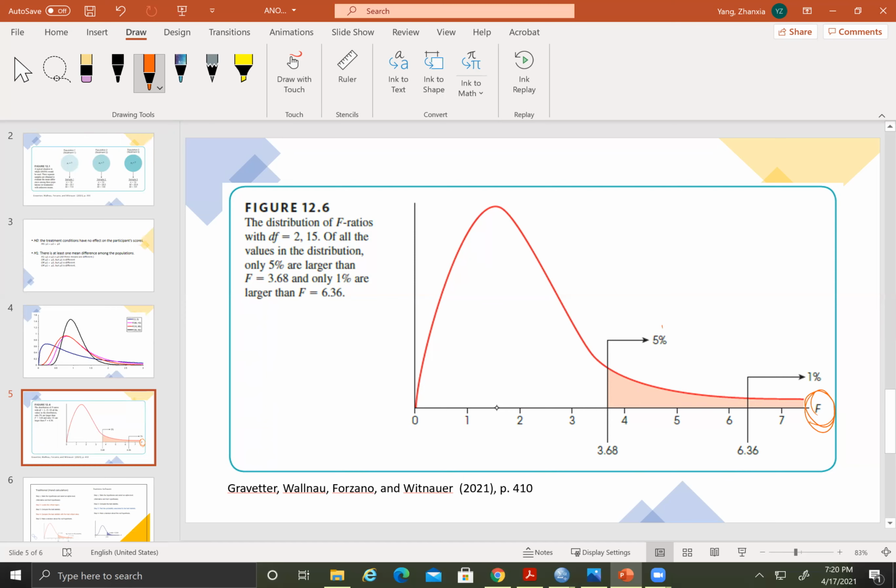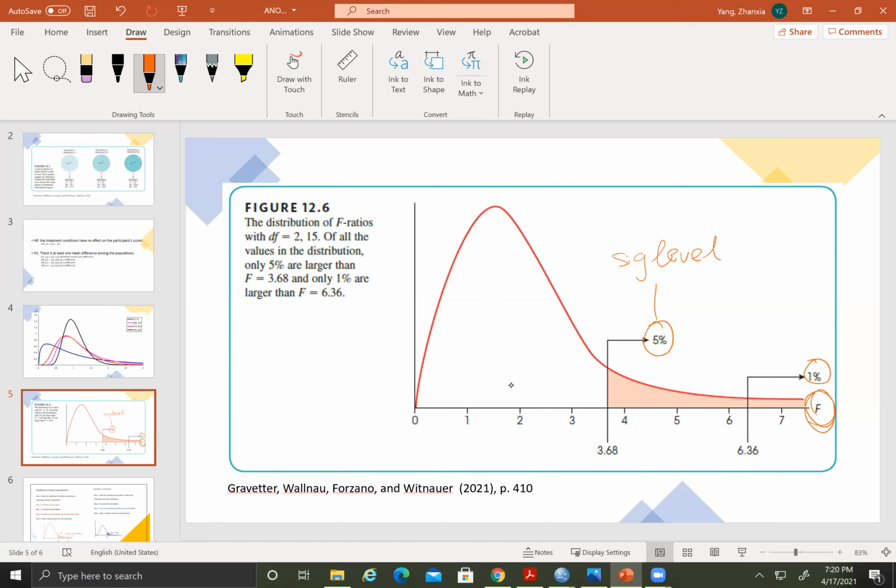So what we do here is, you see that here's the 5%, 1%. These are the typical alpha values, or the significance level. I'm also including them in the next slide. So what does this 5% mean?